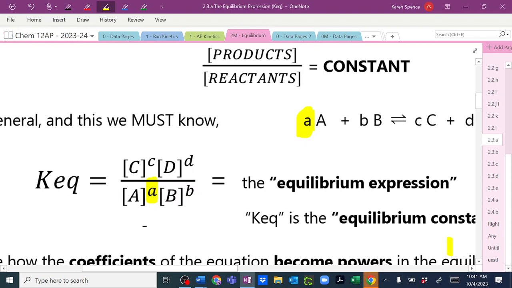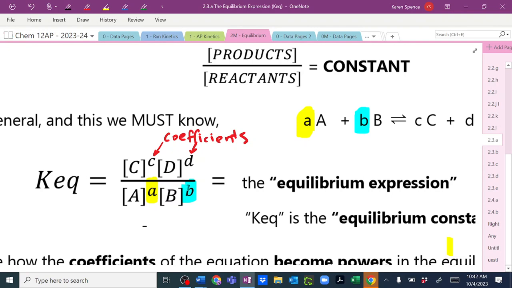So these are the coefficients. Yes? So for B, we have a coefficient of B. Yes? So just bear in mind that it's different.